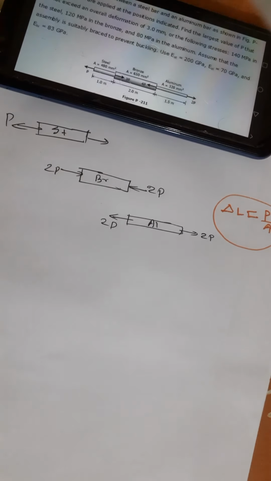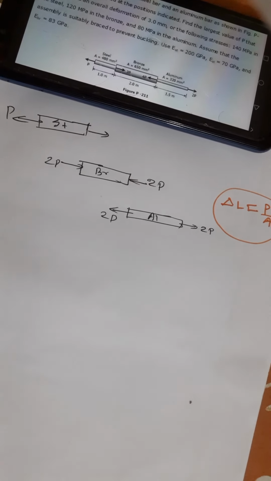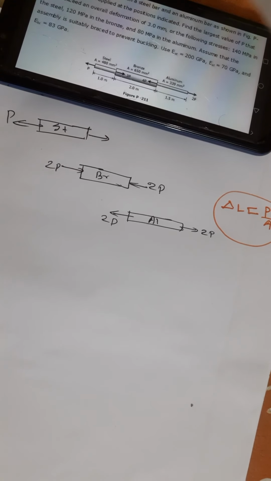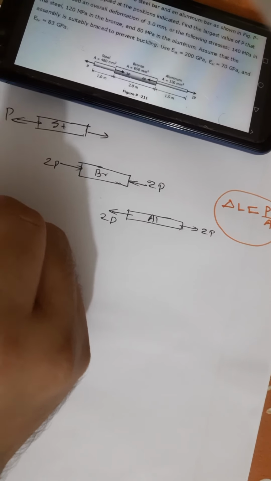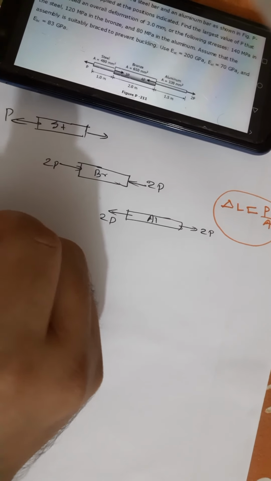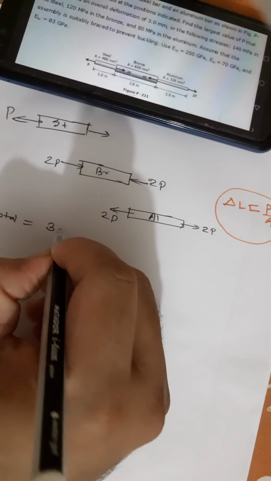As the overall deformation is limited to 3 millimeter, we write in advance del equals the total elongation is 3 mm.